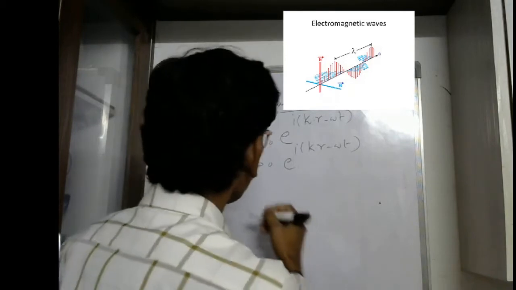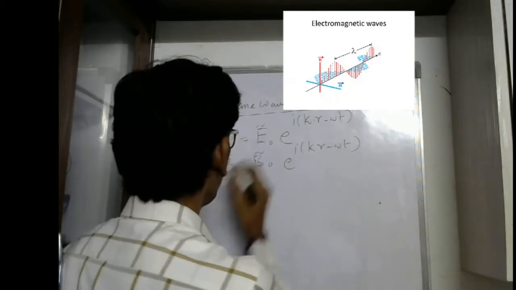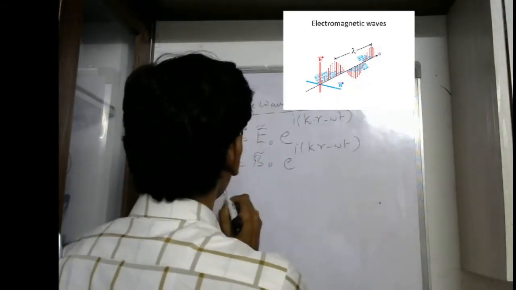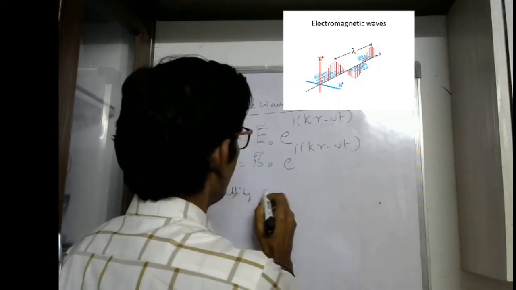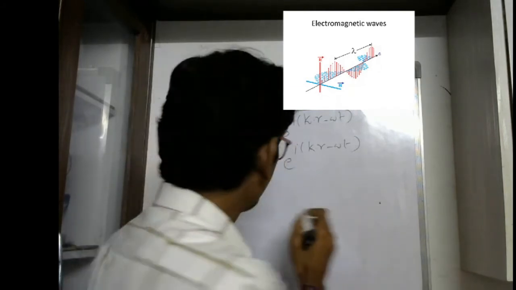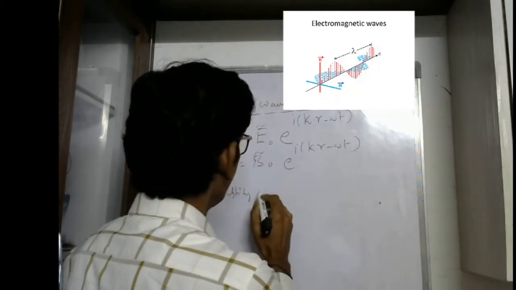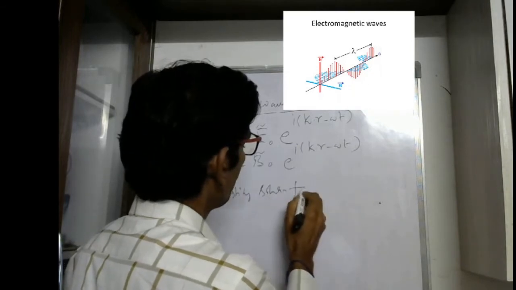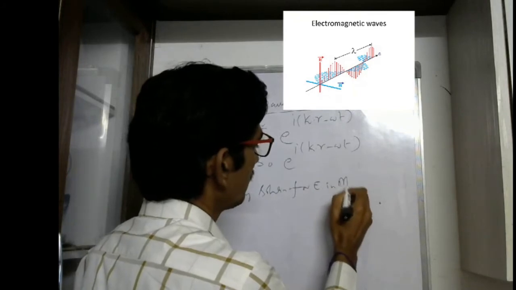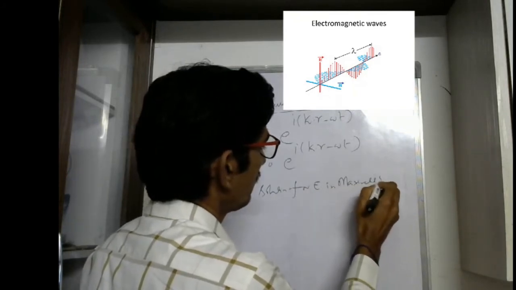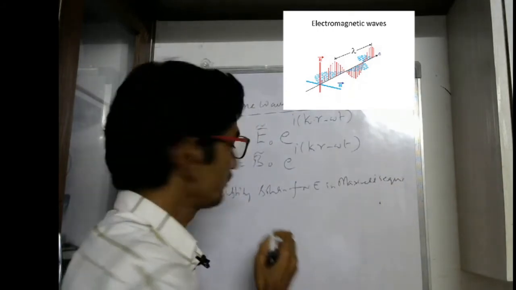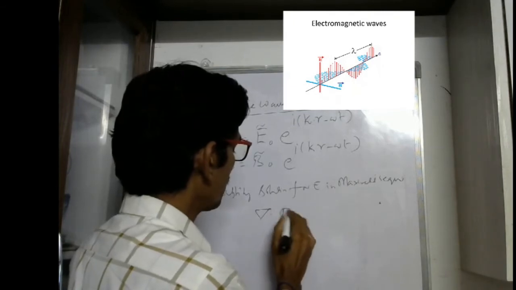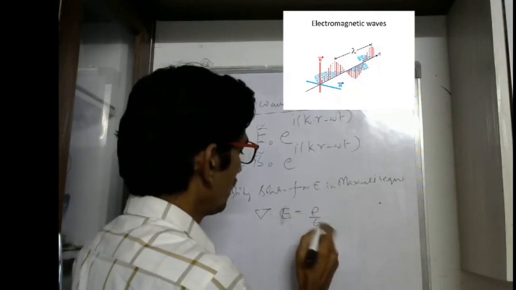Substituting the solutions for E in the first Maxwell's equation, del dot E is equal to rho by epsilon naught.